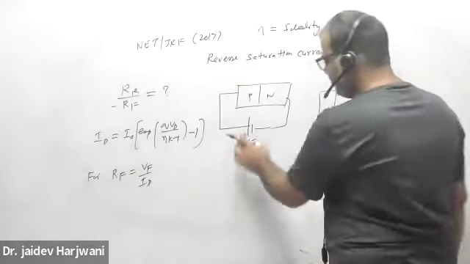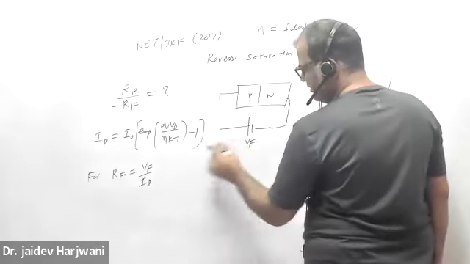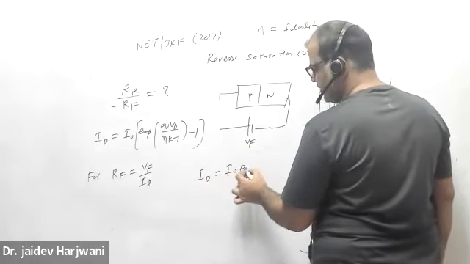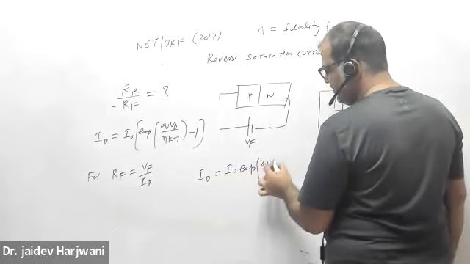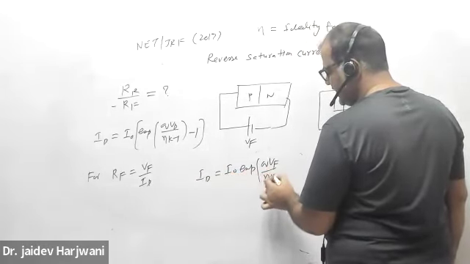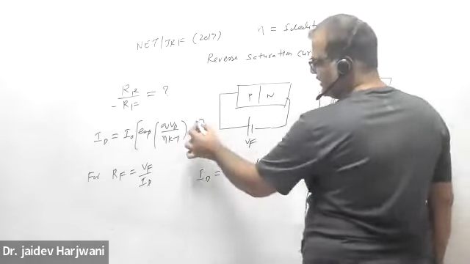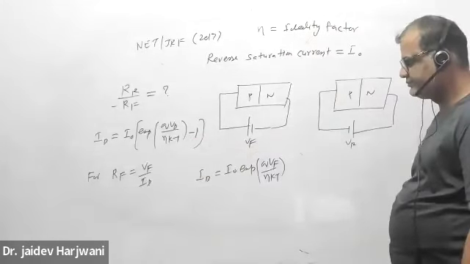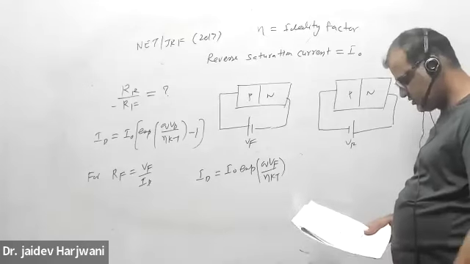If you're applying forward voltage, VD is VF, then my ID will be I naught exponential QVF by eta KT. In the forward direction, I can neglect this one. Yes or no?